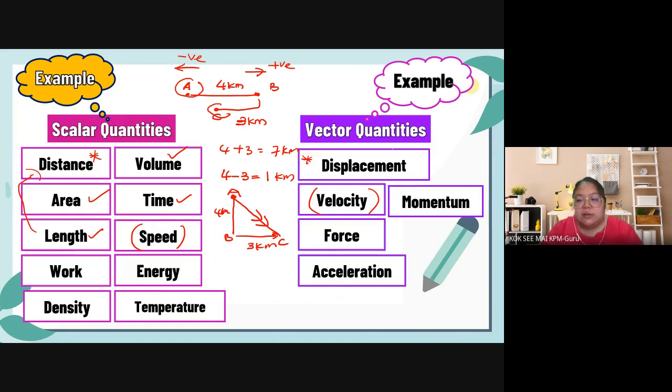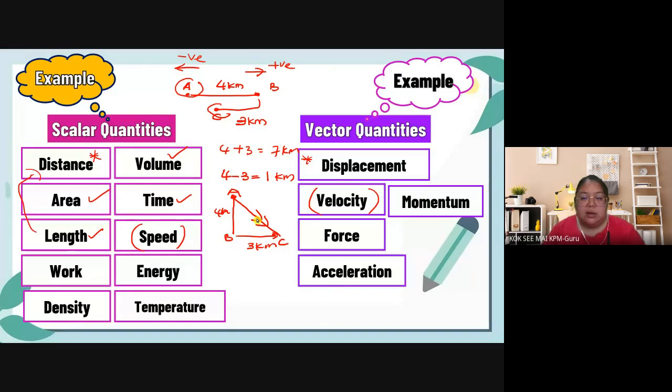So for the displacement, velocity, momentum, force, acceleration, and the rest we learned before, we got power, we got charge, that one is a vector quantities. Okay, no need to memorize one. Just you need to know distance and displacement, speed and velocity, these two is what? Different.